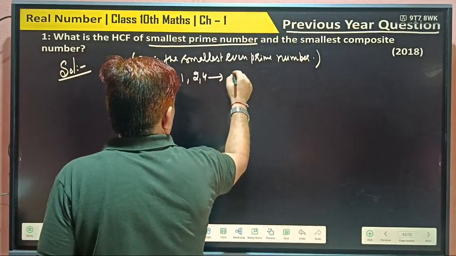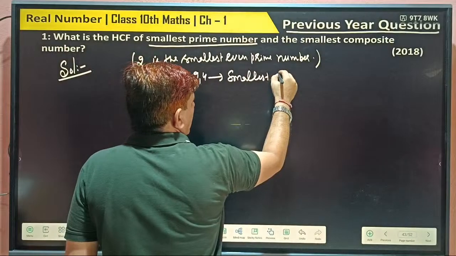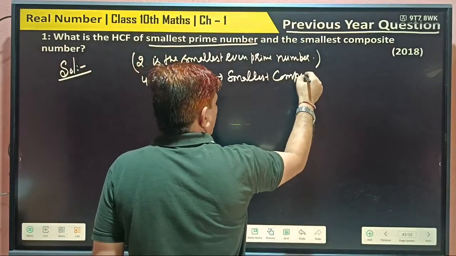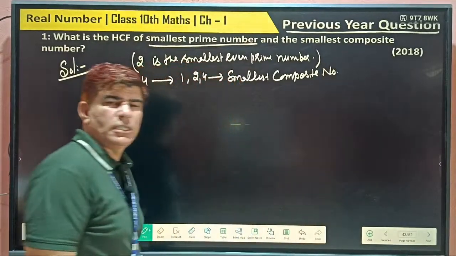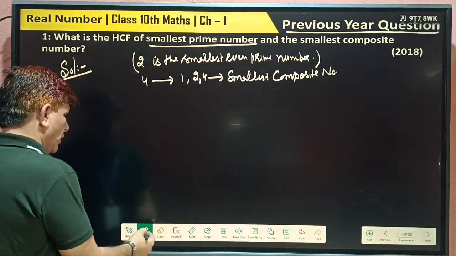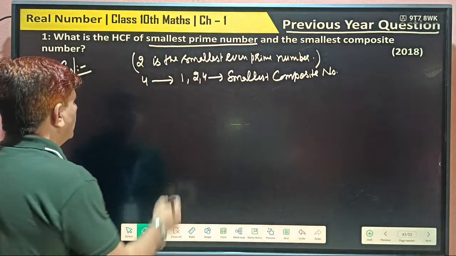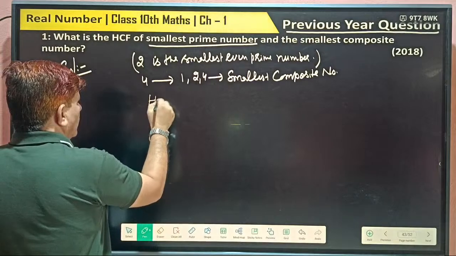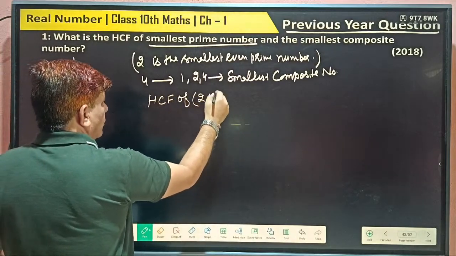So this is the smallest composite number. Understand this. And what do we have to find out? The HCF of 2 and 4.